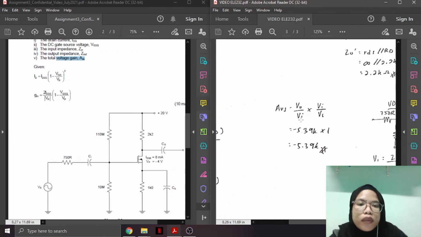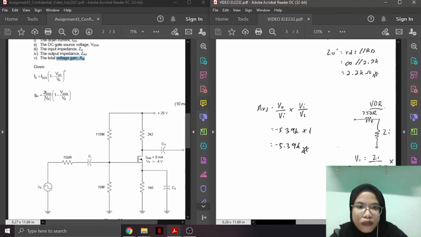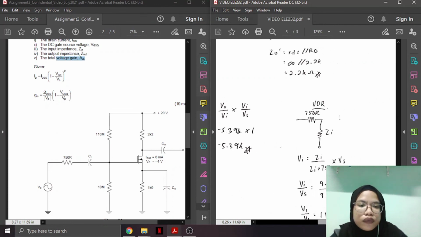After finding the AV, we need to find the AVS. The AVS formula is Vout over Vin times Vin over Vs. We already found Vout over Vin, that is AV. So we need to find Vin over Vs. To find Vin over Vs, we need to use the VDR.